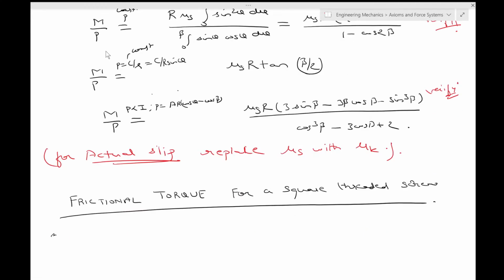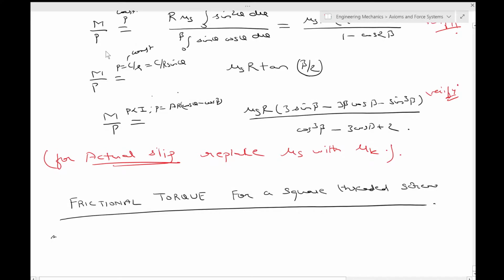So square threaded screws are very important machine elements. For example, you have power jacks, you have the lathe machine, which you must have worked on in your first year.